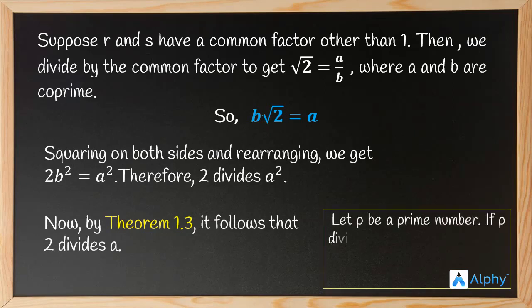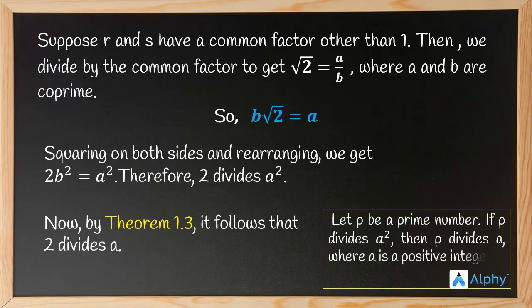Let p be a prime number. If p divides a square, then p divides a, where a is a positive integer. So here, since 2 divides a square and 2 is a prime number, this implies that 2 is also going to divide a. This is theorem number 1.3.